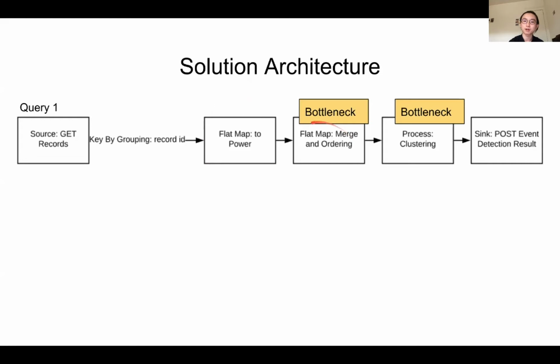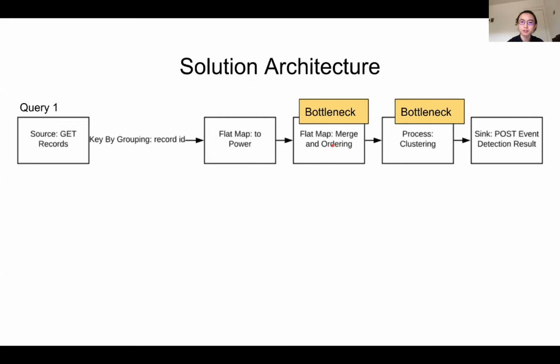Then we order those power values that were generated in parallel. With the ordered power records, we do clustering for event detection, basically to find the power value changes inside the data. At the end of the data flow, we simply post the event detection result to the grid.